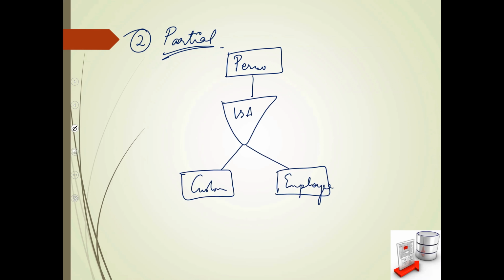So let us think simply about a person getting inside the Lulu hypermarket. You can have employees working in the Lulu hypermarket, you can even have customers working in the Lulu hypermarket.